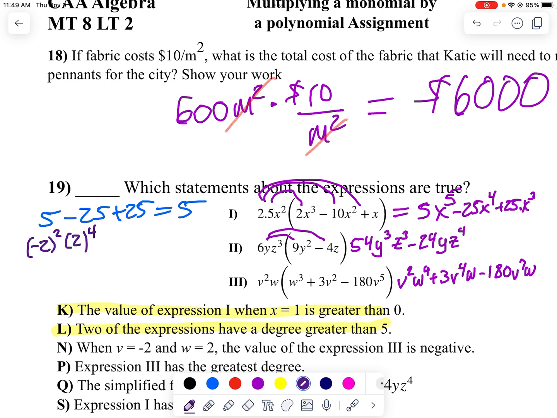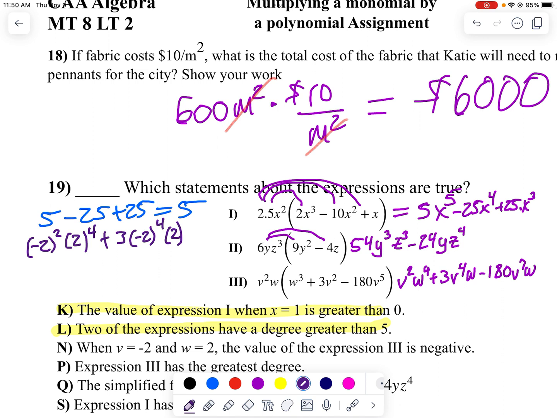Okay, plus 3 times v, which is going to be negative 2 to the fourth, and then w, which is 2. 2, not w.